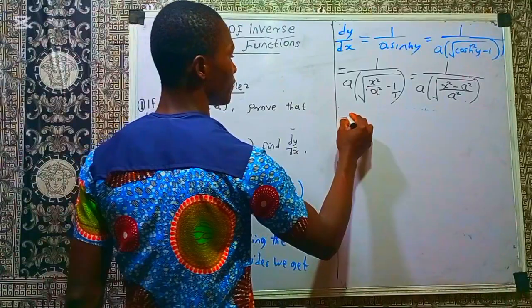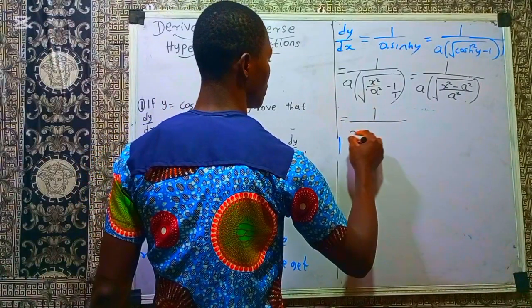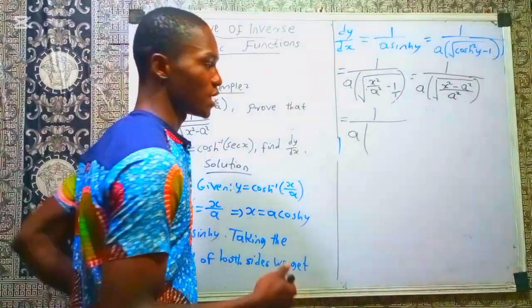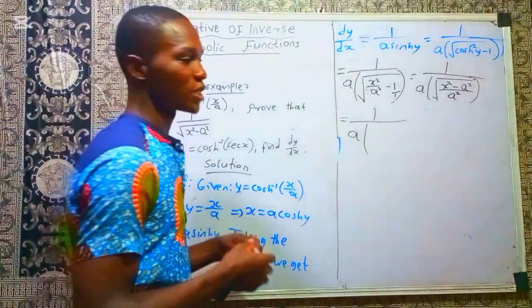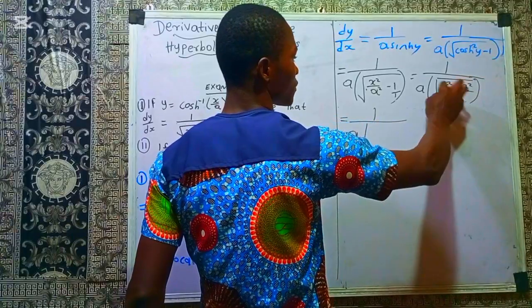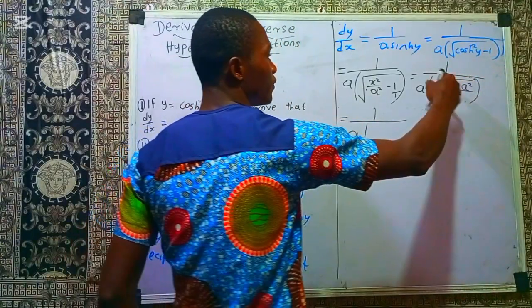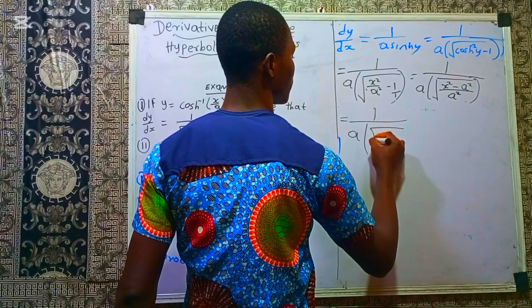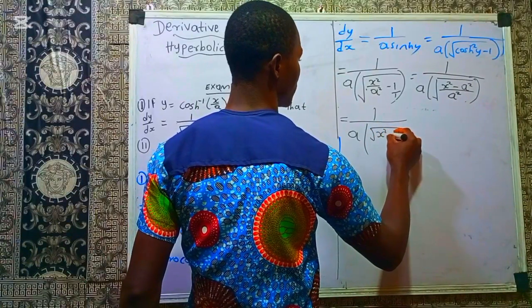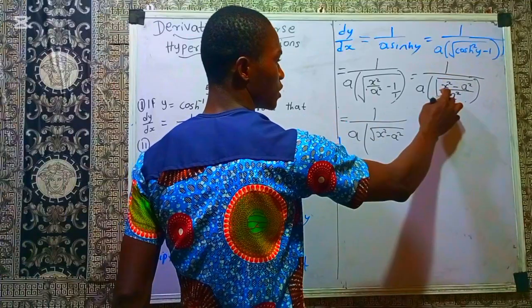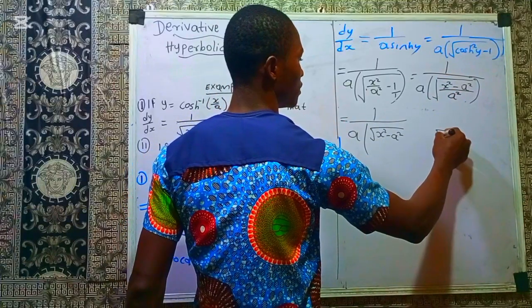So this will be 1 over a into the square root of a fraction, right? How do you find the square root of a fraction? You can take the square root of the numerator over the square root of the denominator. If you take the square root of the numerator, I have the square root of x squared minus a squared. You now take the square root of the denominator, that's the square root of a squared.